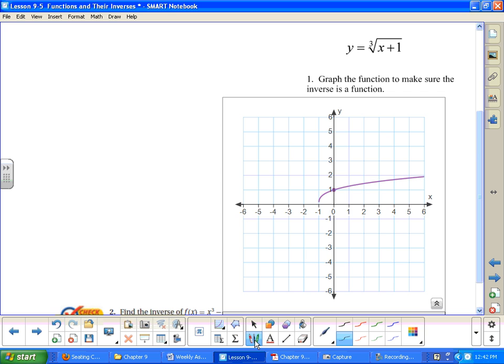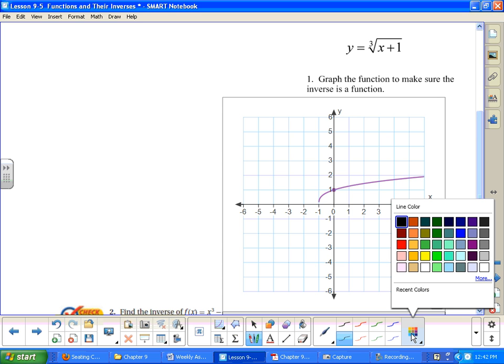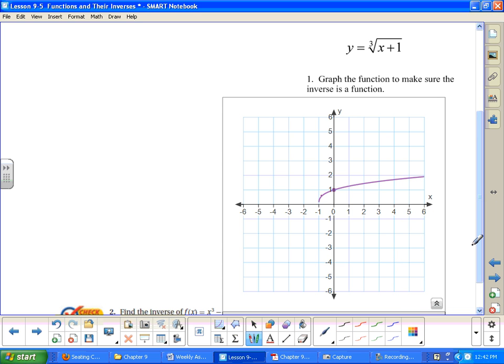Because this actually continues on, and looks like this. Okay. But first of all, is the inverse of this a function? Right. Will this pass the horizontal line test? Okay, and the answer is yes, it will. Okay, so the inverse is going to be a function. So we've got to find it.